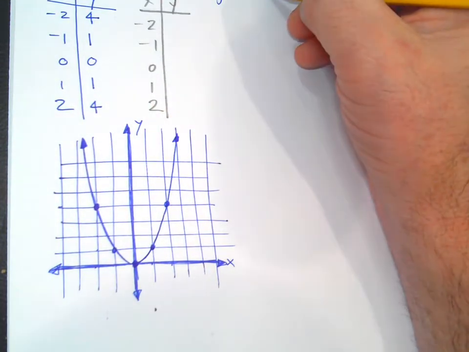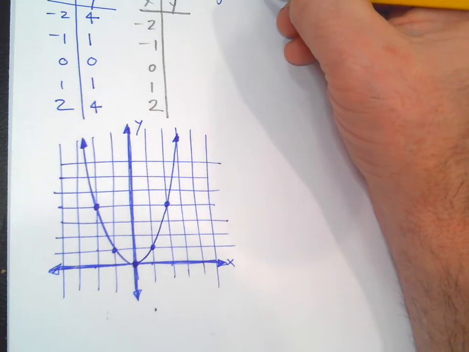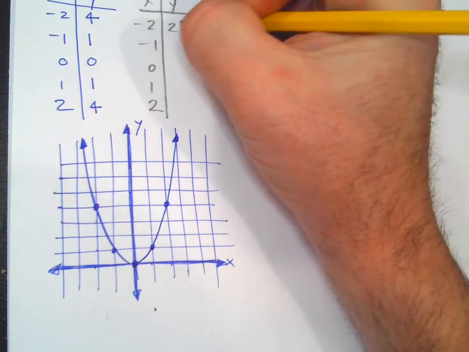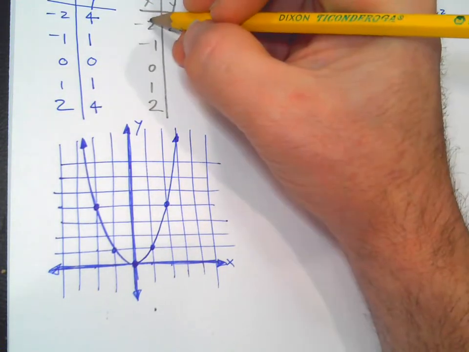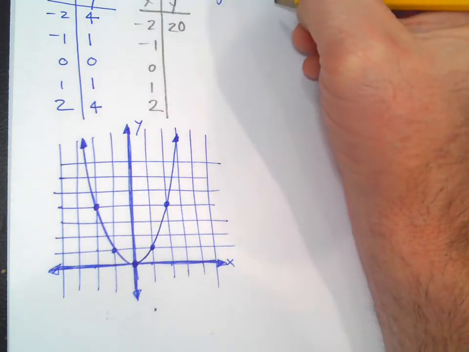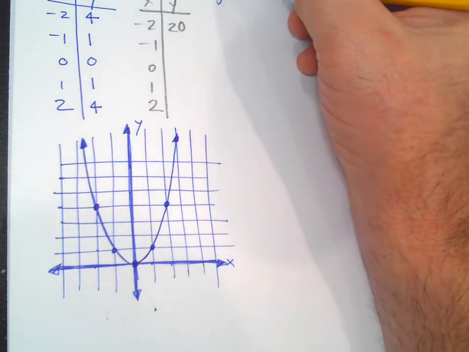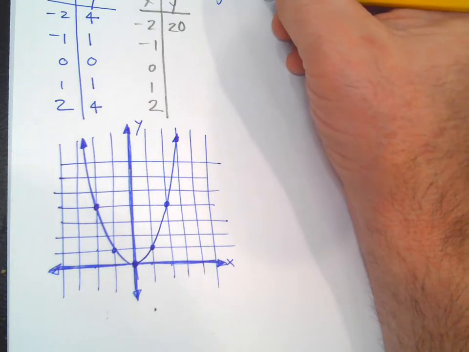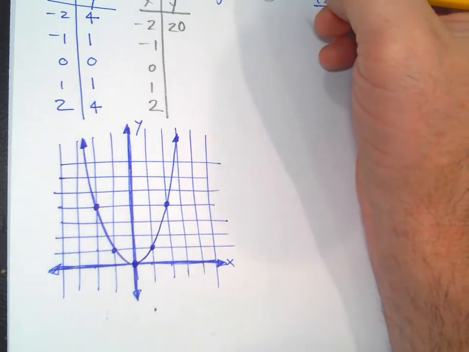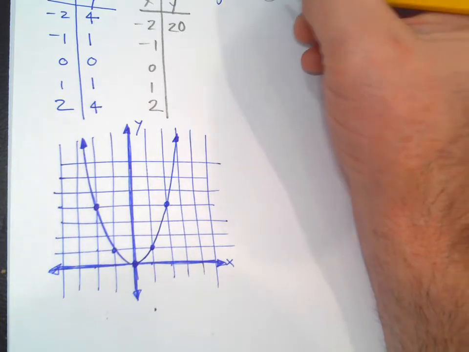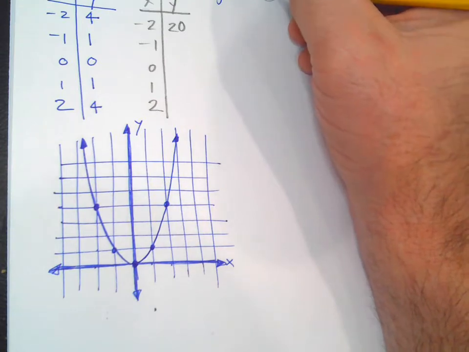So -2 gets squared as 4. Then you multiply it times 5 and you get 20. Don't do 5 times -2 is -10 squared, which gives 100. You've got to do order of operations: PEMDAS, parentheses, exponents, multiplication, division, addition, subtraction last. So you do the -2 squared, which is positive 4, times 5 is 20.